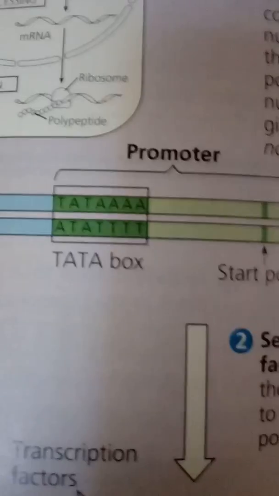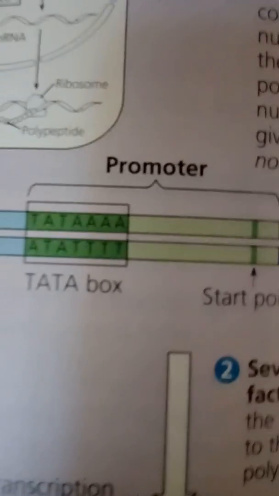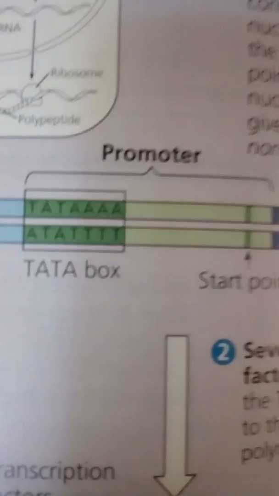The congregation of many polymerase molecules simultaneously transcribing a single gene increases the amount of mRNA transcribed from it, which helps the cell make the encoded protein in large amounts.